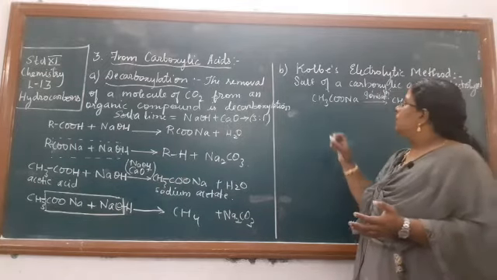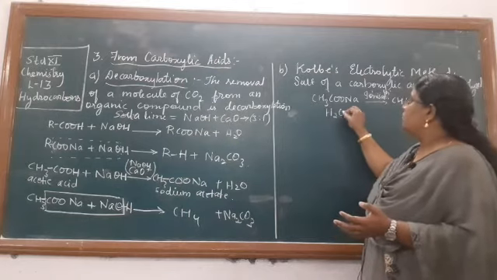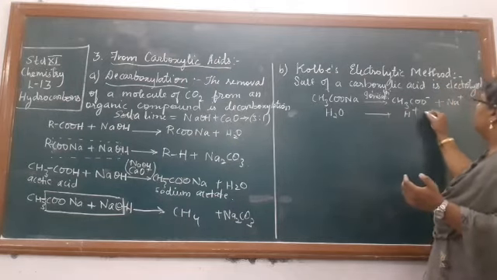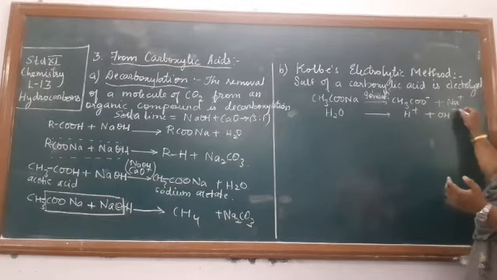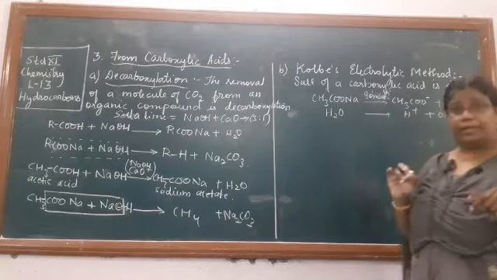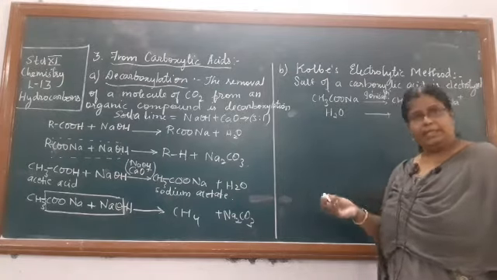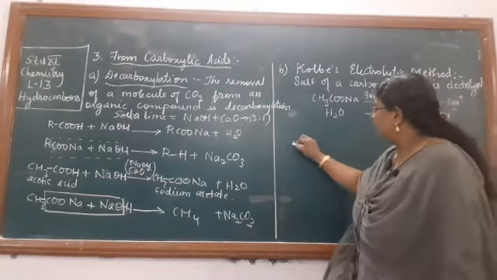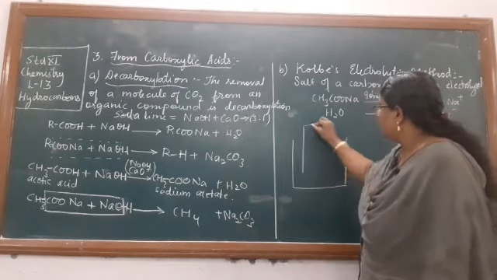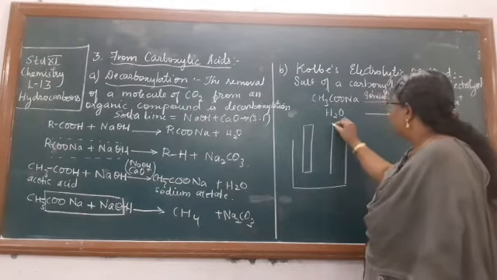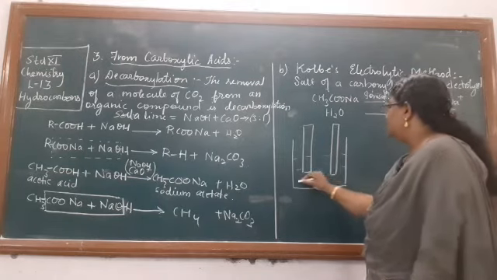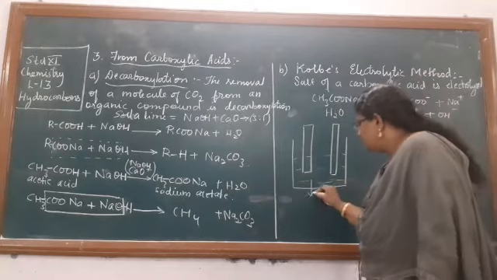Water is also present, which is also giving out H plus and OH minus. You are subjecting this solution to electrolysis, where you are passing electric current. Suppose this is your vessel in which you have taken two electrodes. It may be platinum electrodes. Here you have taken the salt solution, so what is present here?